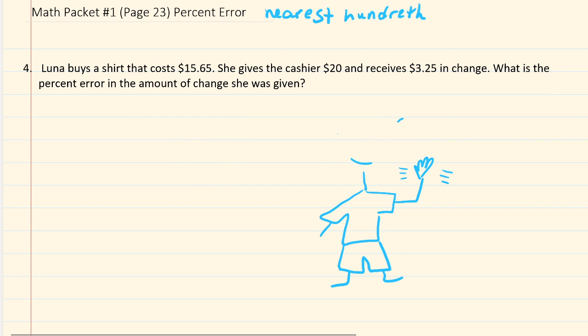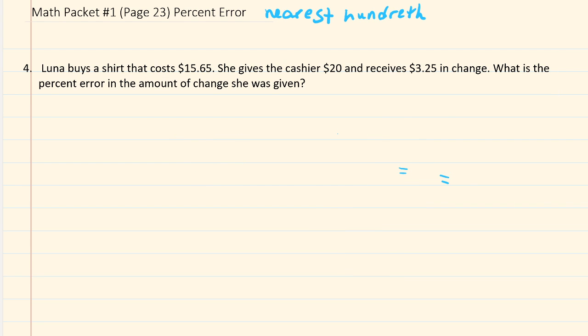So let me give myself some workspace here. If we want to know the percent of our error, we first have to know our error. And before we can find our error, we have to know what the actual thing was.